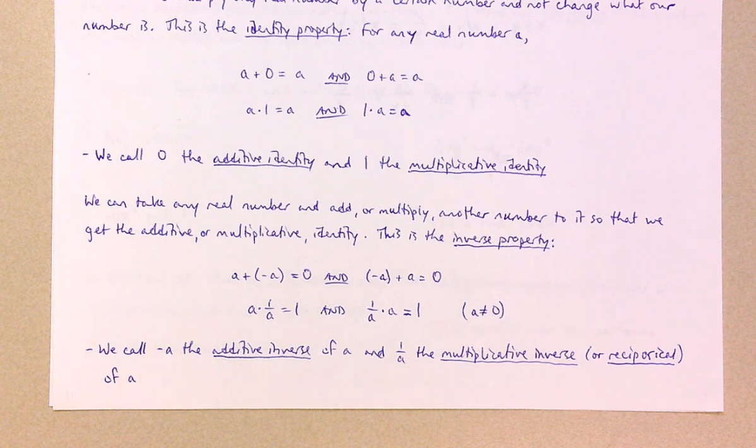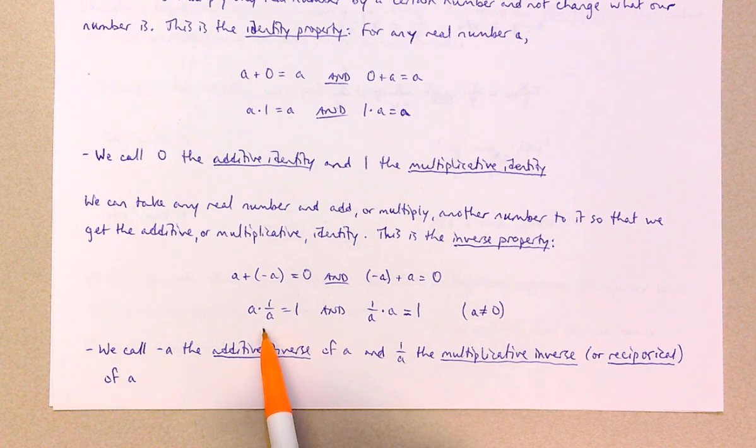So if I have the real number a and I add minus a onto it, that is going to get me to 0, which is our additive identity. And that is commutative as well, as you can see here.